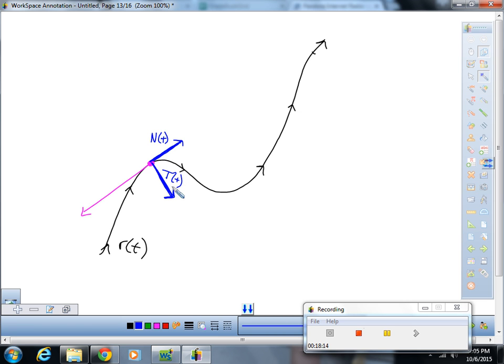Well, what we're going to do is take the dot product of a and T with the normal. Totally, yeah. Sorry, this should be my tangent, and this should be my normal. Thank you, Ted. Okay?